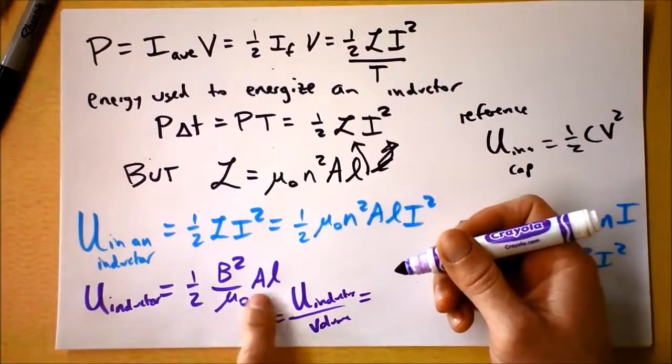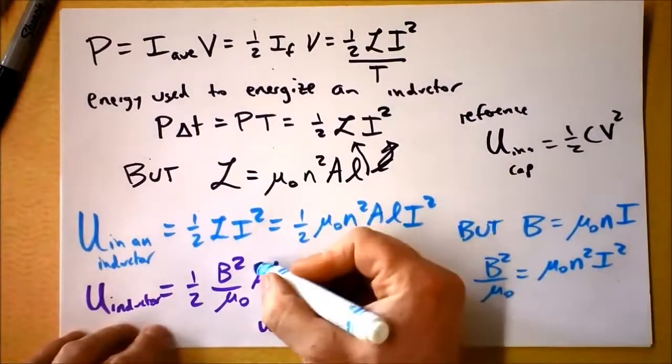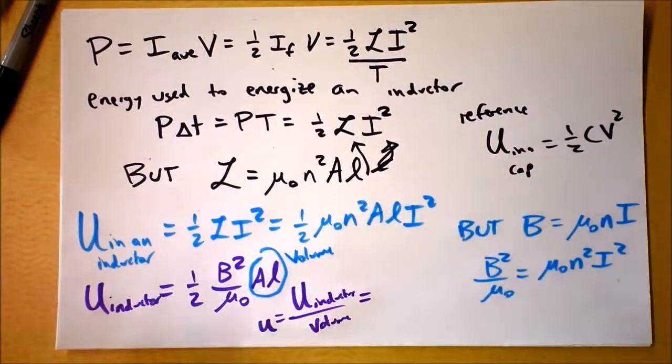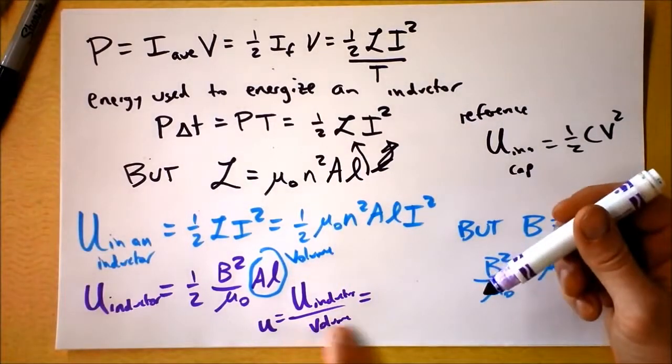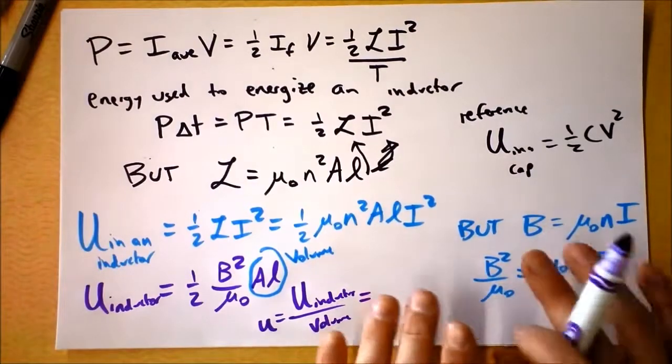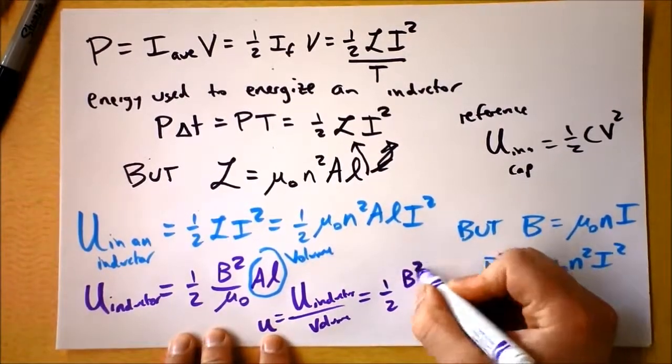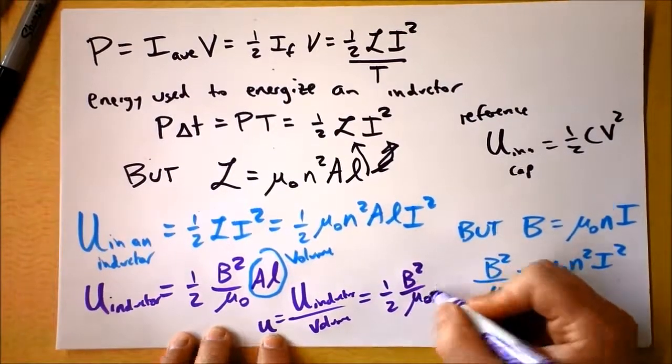If we're investigating the energy density of an inductor that has a magnetic field inside of it, then we find that that is 1/2 B squared over mu naught.